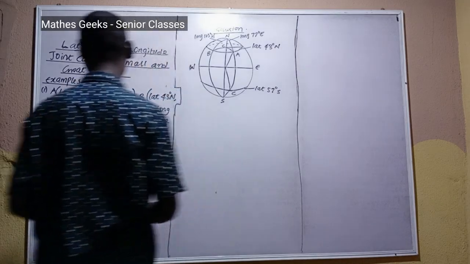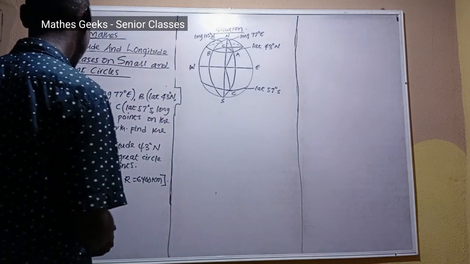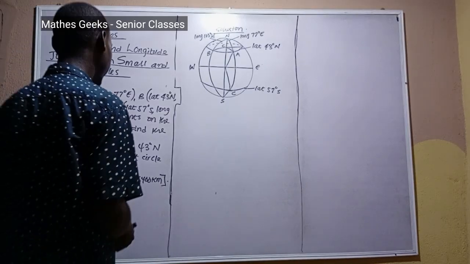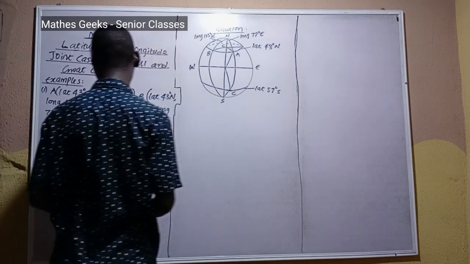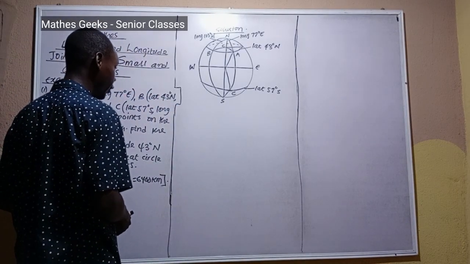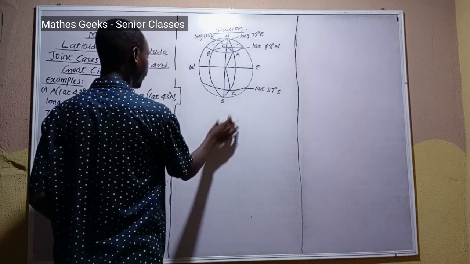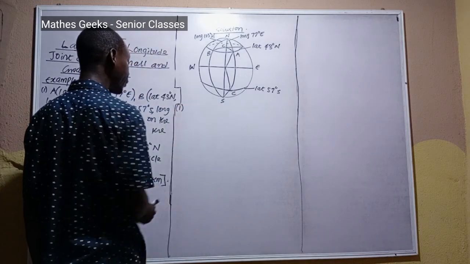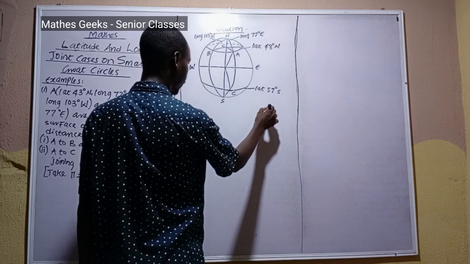So the question says, find the distance from A to B along latitude 43 degrees north, along the parallel of latitude 43 degrees north. That is a small circle. So on figure 1, we have this shape.